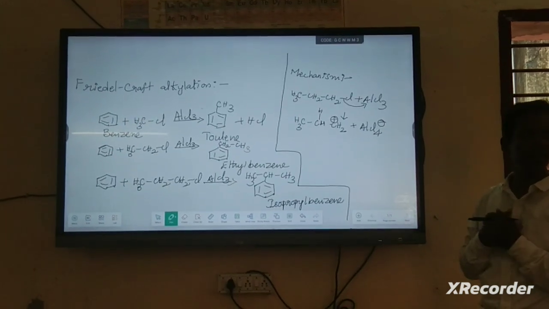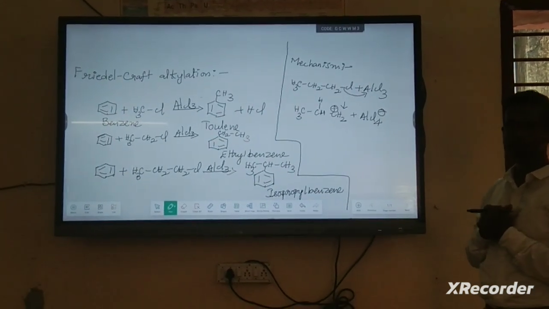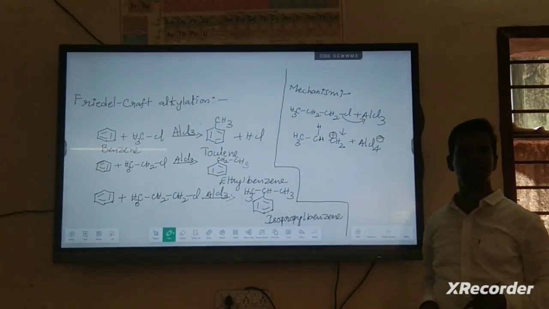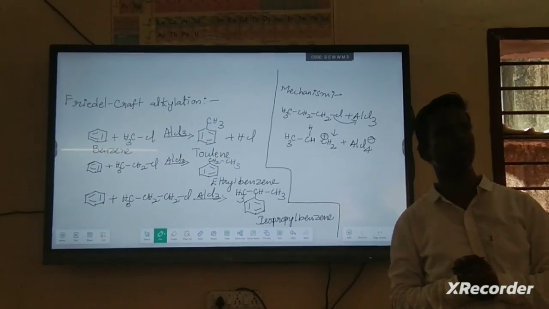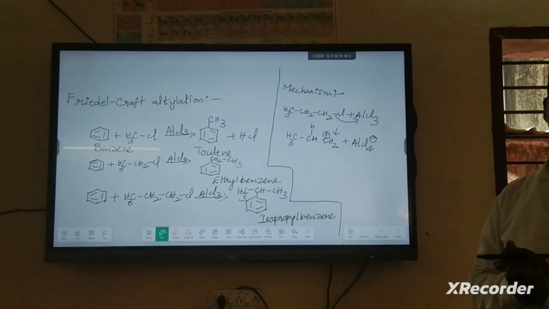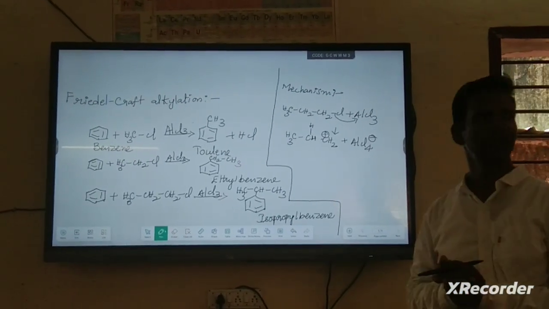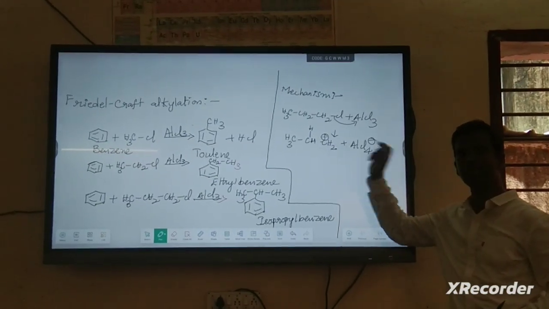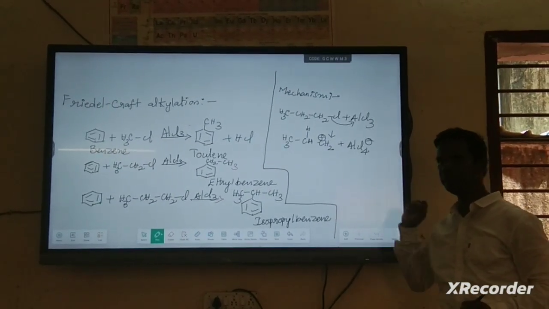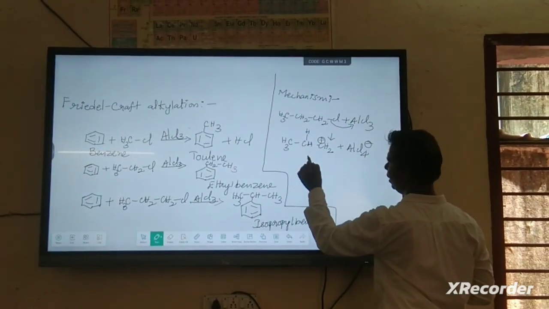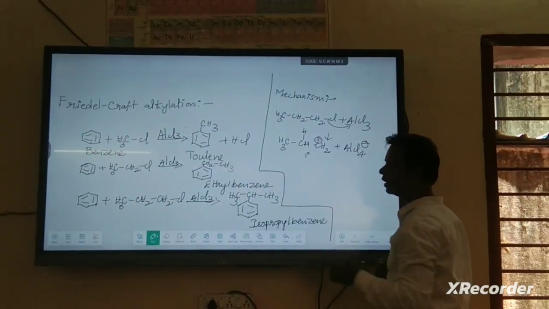Can you guess whether it is the primary carbocation or secondary carbocation or tertiary carbocation? Primary carbocation. This is the primary carbocation.